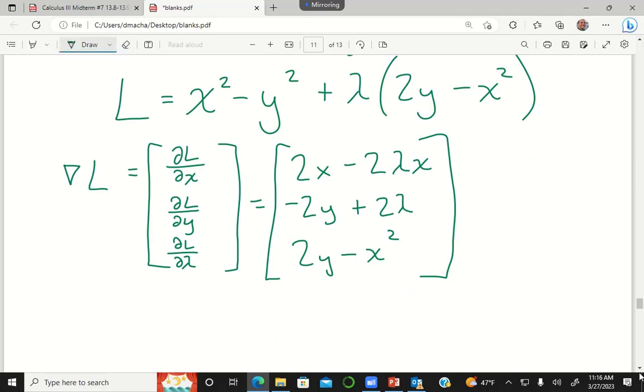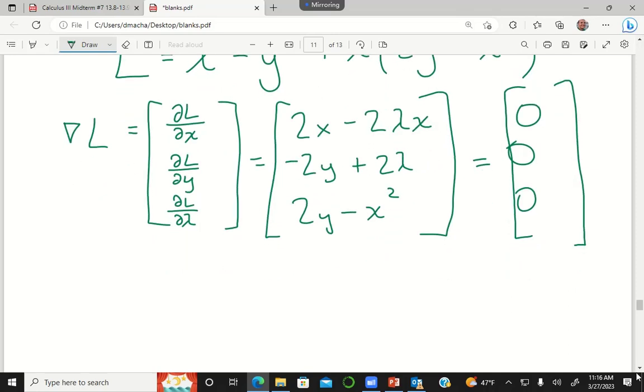And the idea is to find critical points of my Lagrange function. And a critical point is where the gradient is equal to 0. Or more specifically, the gradient is equal to the 0 vector, which means that all 3 of those entries in the vector are 0, which means that I have a system of equations with 3 equations and 3 unknown variables, x, y, and lambda.